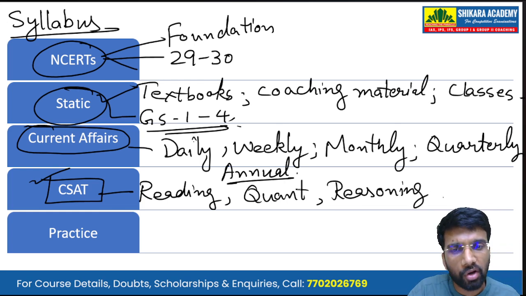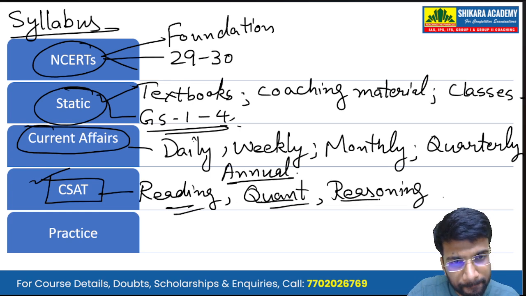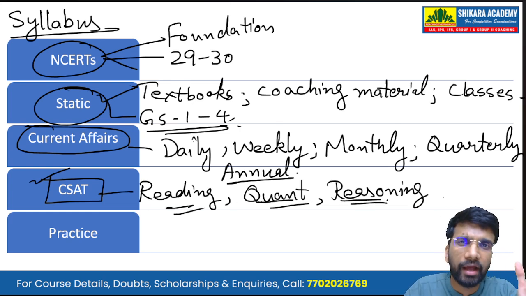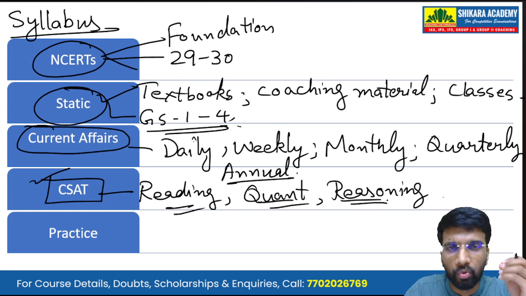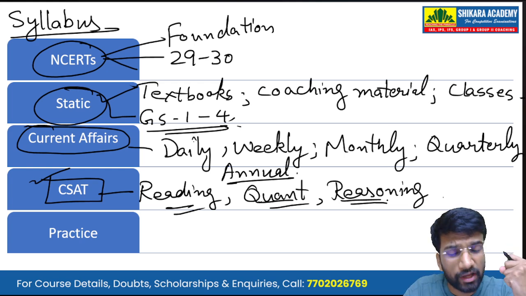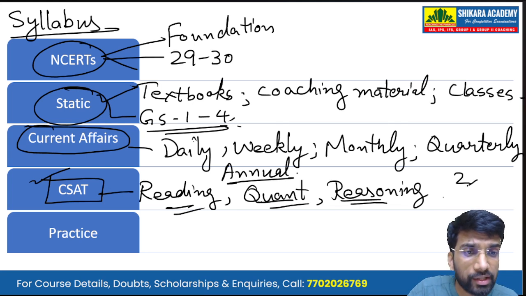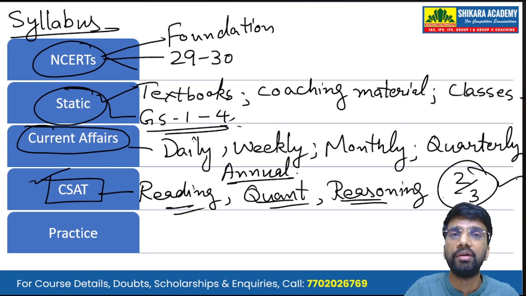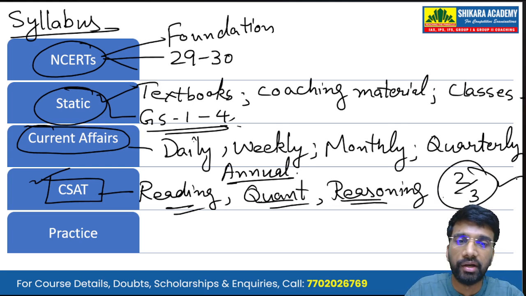Out of these three, an average aspirant who intends to qualify for the mains paper should be very strong in at least two out of these three: reading, quant, and reasoning.